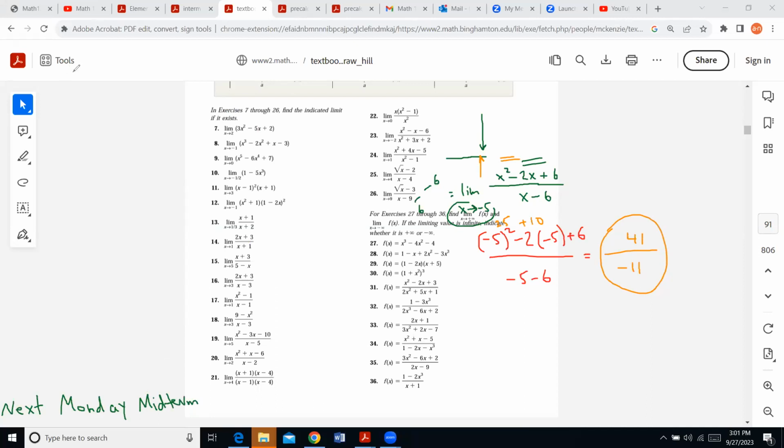So another problem is from section 1.5. So again, pages here on the right side, page 91.